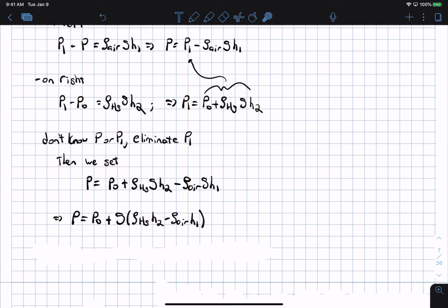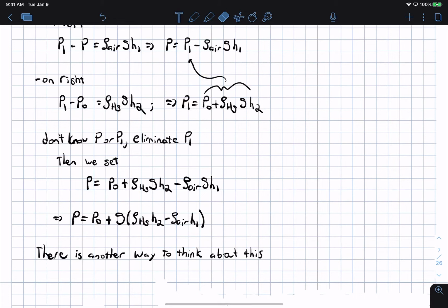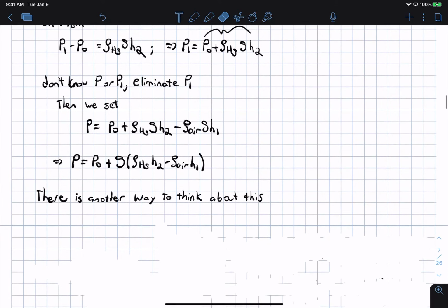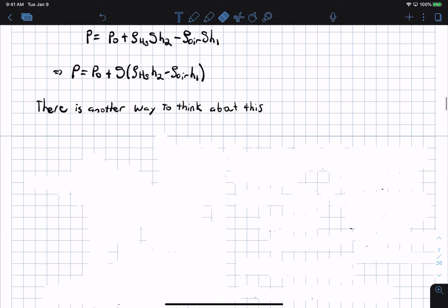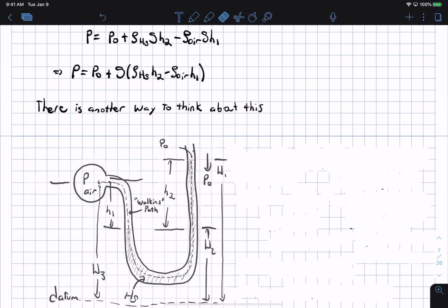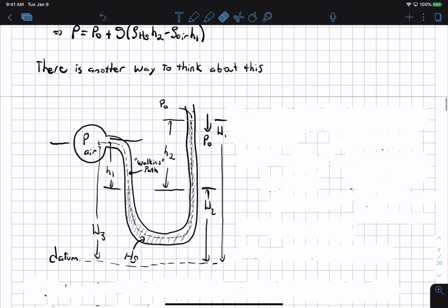Okay, and so I showed you how to solve a simple manometer problem by way of example. And now there is another way to do this. I know it's kind of awful to think about, but let's say we have another goofy manometer.